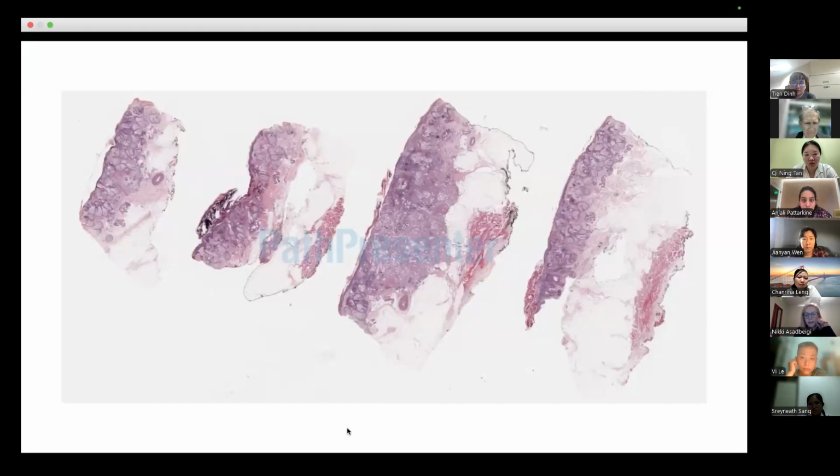Okay, so this is something, and I'm not saying it's impossible, you never say never in pathology, everyone knows. But liposarcoma usually comes from a lipomatous tumor. Even if we have it in the skin, first of all, we usually don't call it liposarcoma, we call it atypical lipomatous tumor.